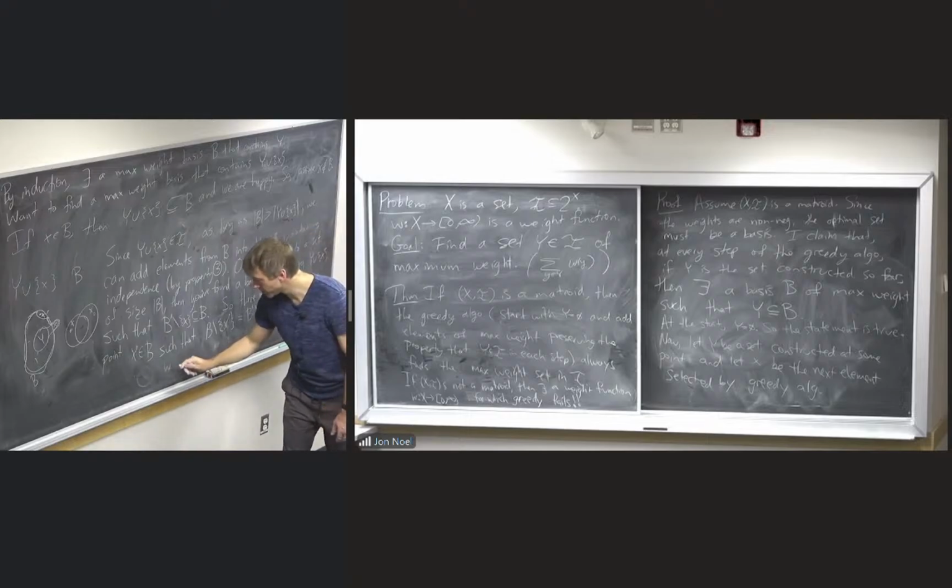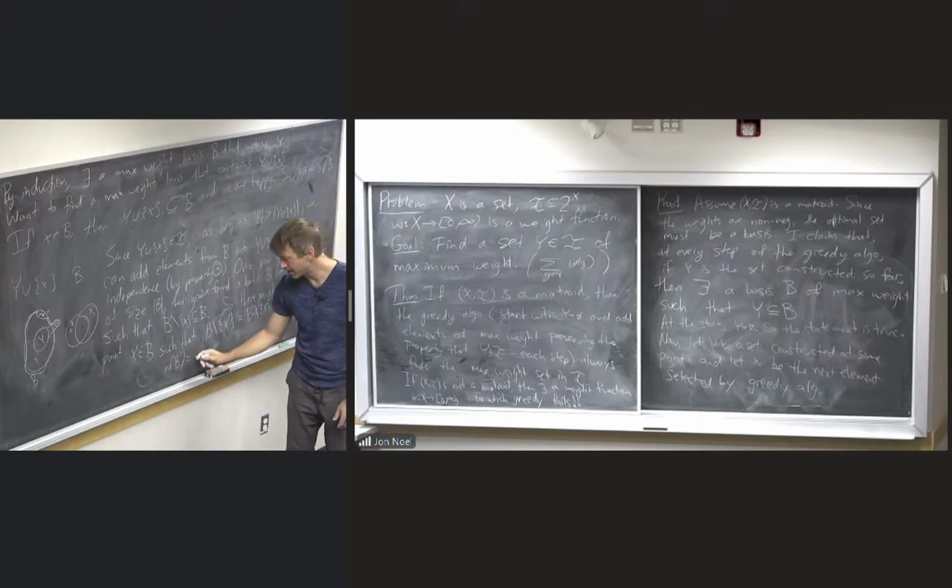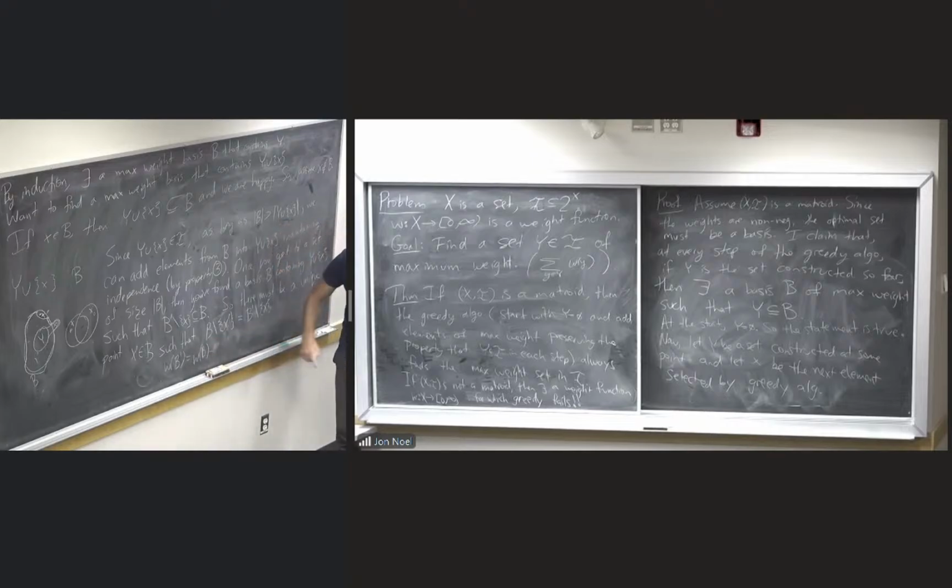Because Y union X is a subset of B prime, because I just got it from starting with this and adding stuff. So how do I know that? So the weight of B prime, if I sum the weights of the elements, it's the same thing as the weight of B, except take the weight of B, take away the weight of X prime, and add the weight of X. Right? Because these sets are the same.